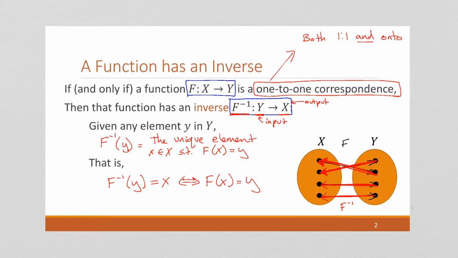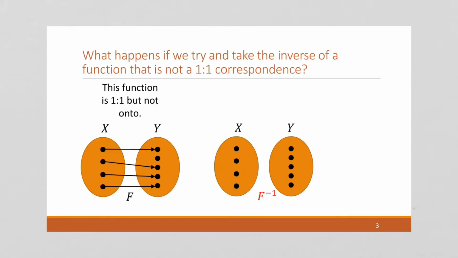And now let's take a look at why only one-to-one correspondences can have inverses. I'm going to try and take the inverse of a function that is not a one-to-one correspondence, and we're going to see what happens. This function is one-to-one, but it's not onto because we have this lone element in the codomain.